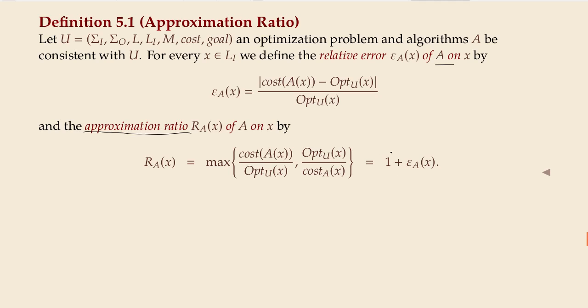So for example, the 2 approximation would mean that this epsilon is bounded by 1, which means that the difference between the actual solution you give and the optimum can be up to the size of the optimal value.